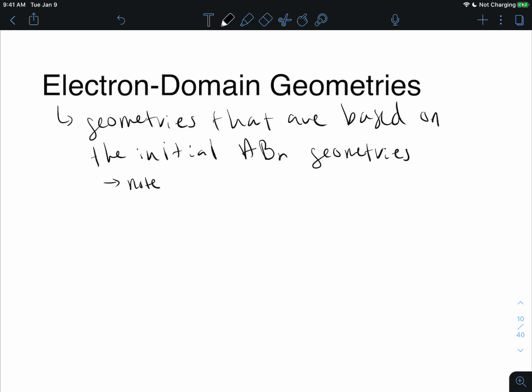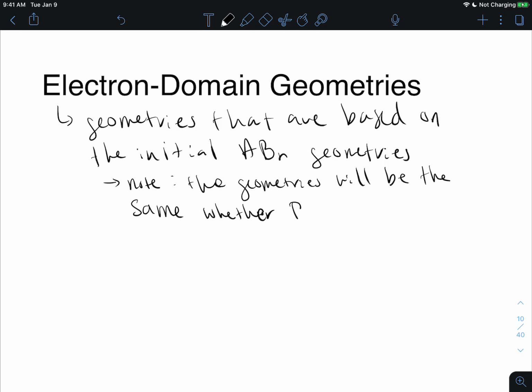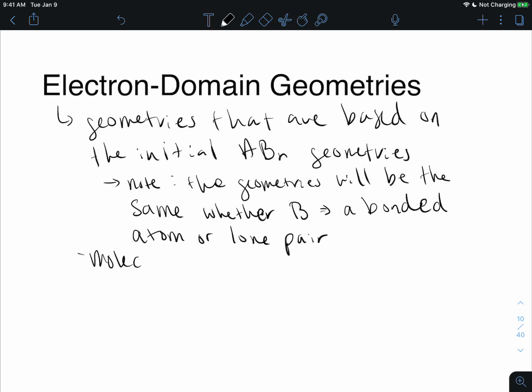So as a note, the geometries will be the same whether B is a bonded atom or lone pair. Okay. We also have something called the molecular geometry. And these are based on the derived ABN geometries.